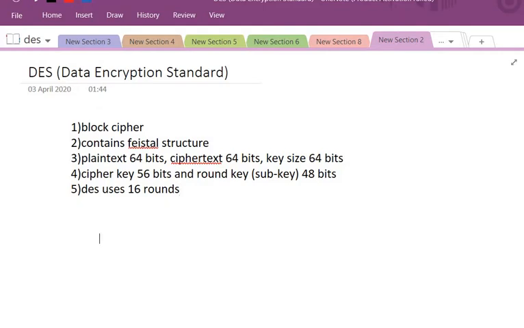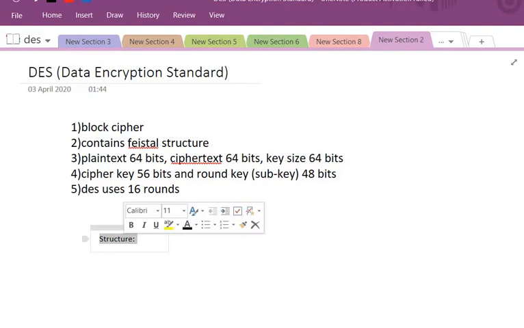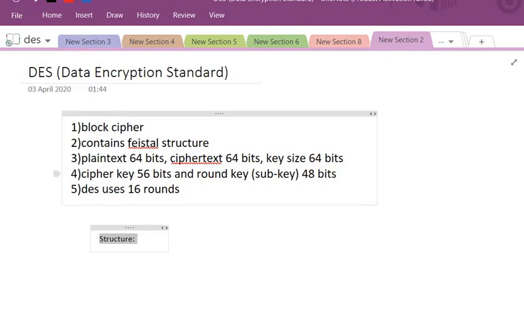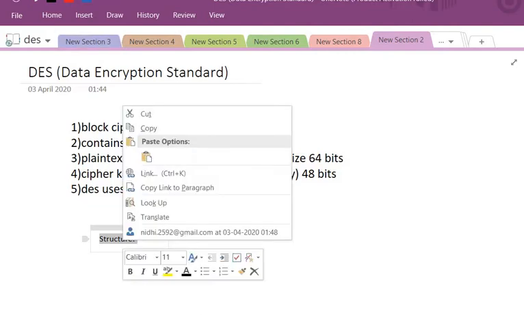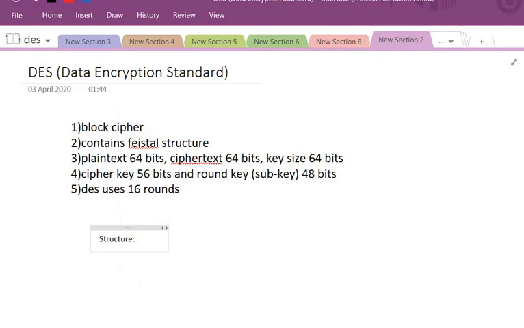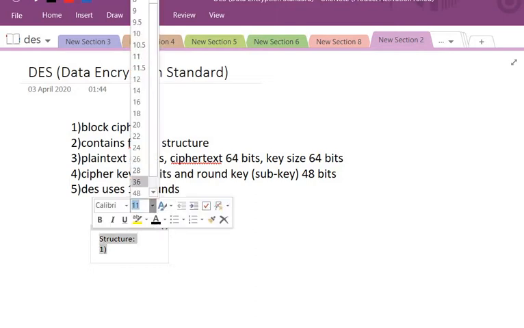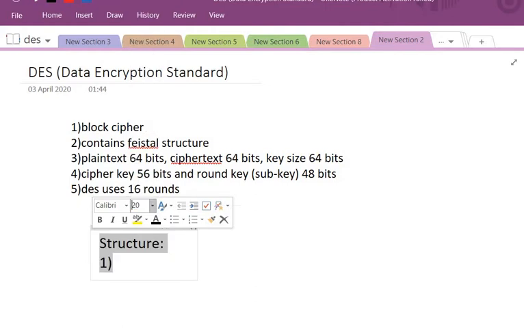So what about the structure of DES? The structure of DES uses three components. The first one is called initial permutation.